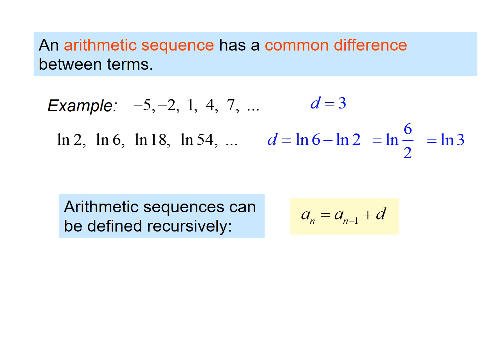And we can define these recursively, as so, or explicitly, like this. And just keep in mind that repeated addition is shown as multiplication, so it makes sense how we come up with this explicit formula that we add that common difference over and over and over again, n minus 1 times, so d times n minus 1.